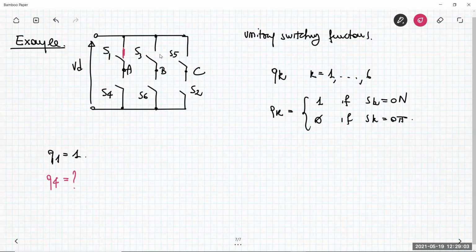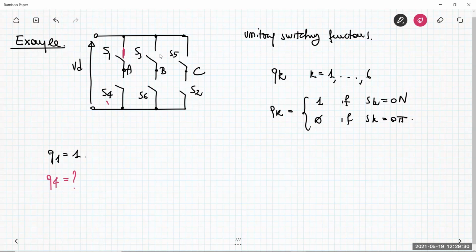We must remember, and it is always something that we have to remember, that it is not allowed to have two switches in the same leg both on simultaneously. S1 and S4, for example, should act in a complementary way. When S1 is on, S4 is off, because I don't want to short circuit the voltage VD. It means that you destroy your inverter.